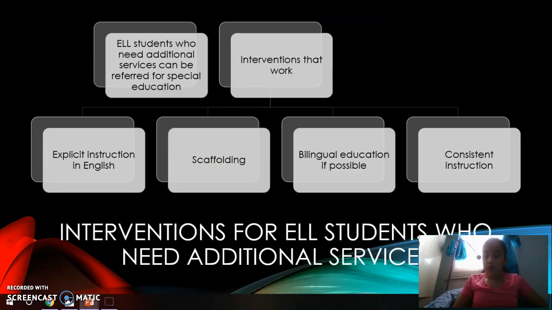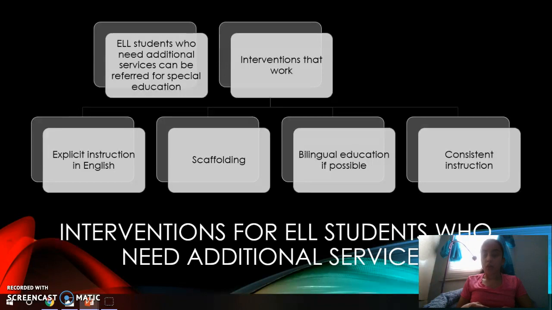So sometimes students need more or additional services, and some interventions that we can use for students who need these additional services are explicit instruction in English.